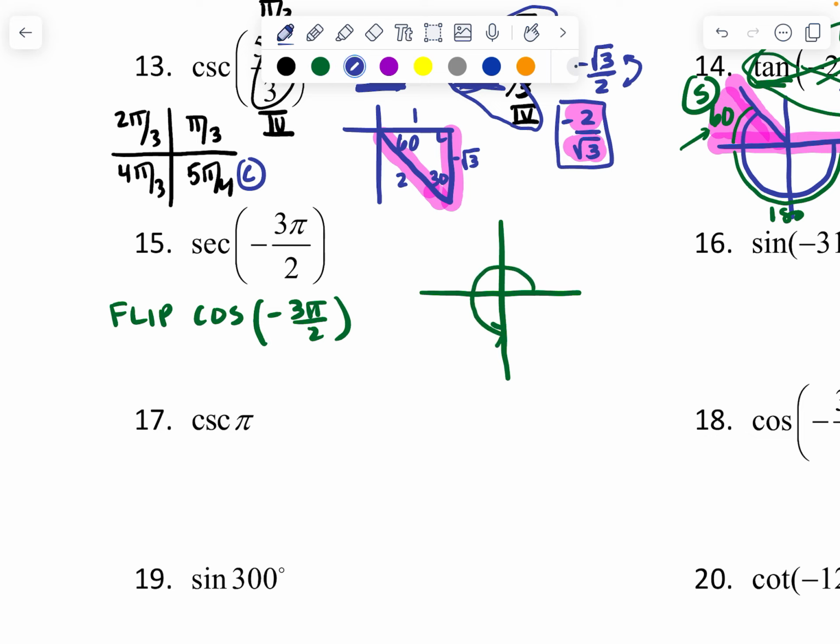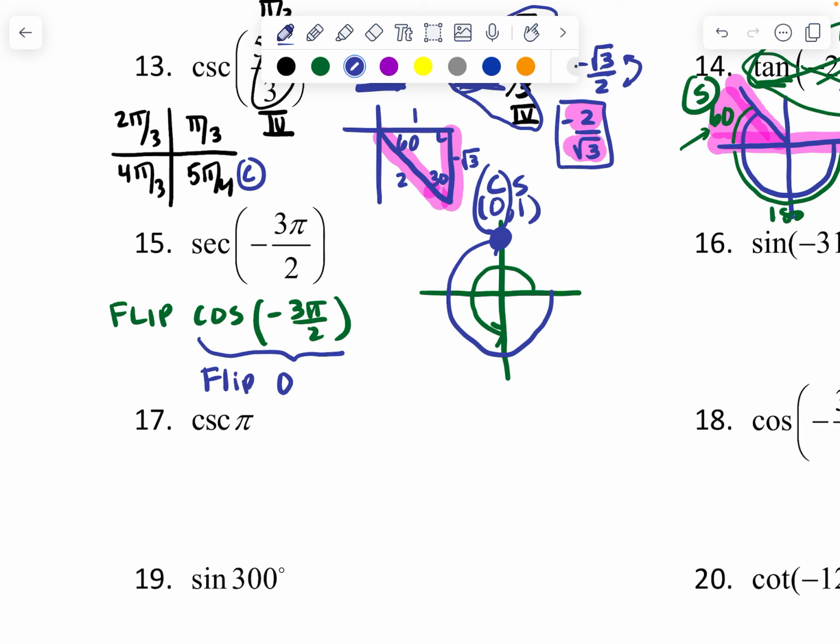So if I want to go in the opposite direction, negative 3 pi over 2 would actually be up here. So I'm not in a quadrant anymore. I'm actually on an axis. So I need to look at what point is that. If I went up 1, that would be (0, 1). This is your cosine value. This is your sine value. So the cosine of negative 3 pi over 2 up here is actually 0. But what is the flip of 0?